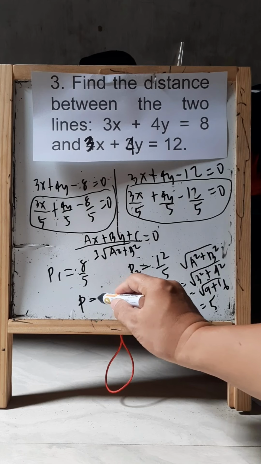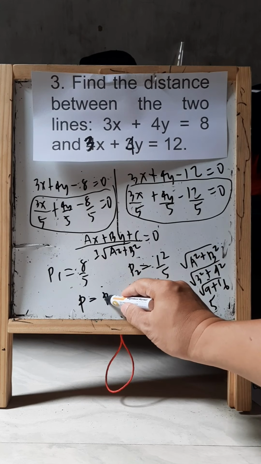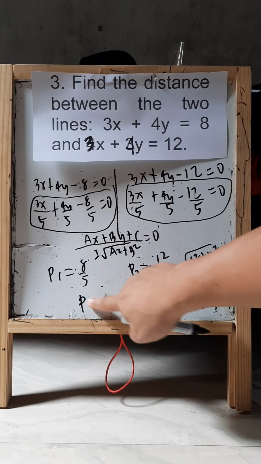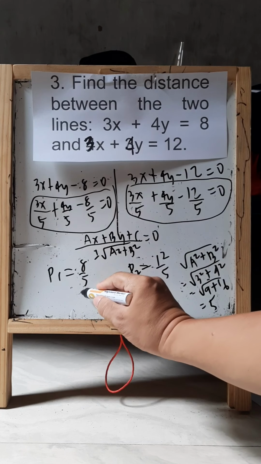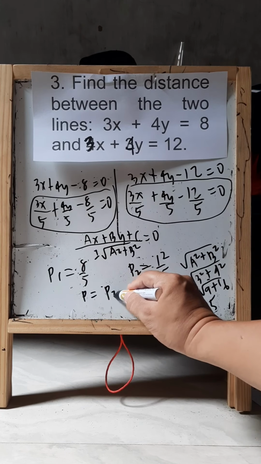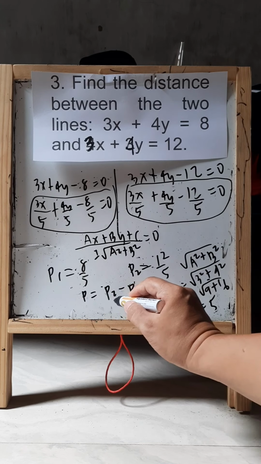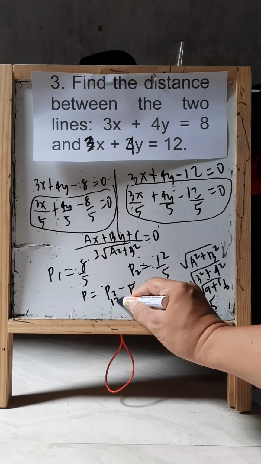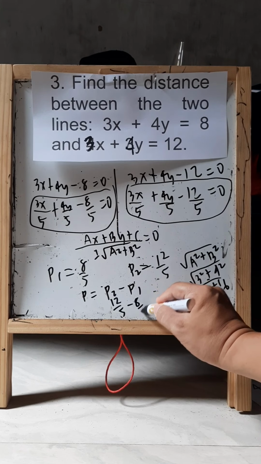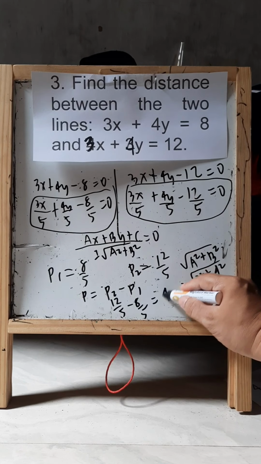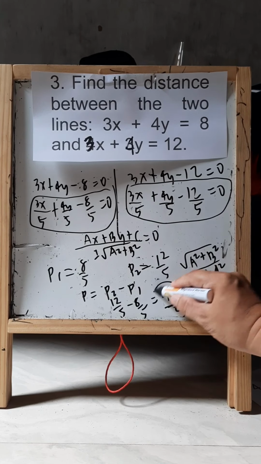So to solve the distance between these two lines, we'll just subtract p sub 2 and p sub 1. So 12 over 5 minus 8 over 5 is equal to 4 fifths.